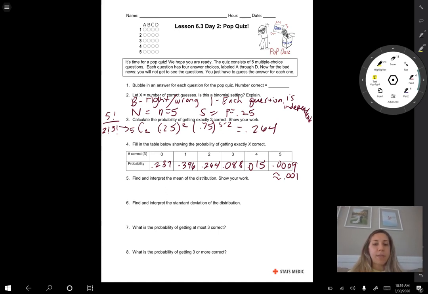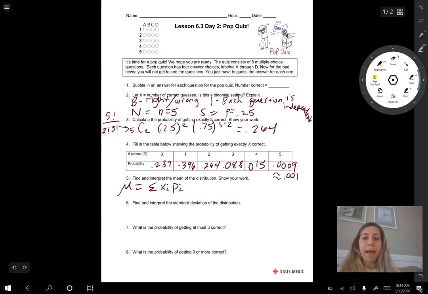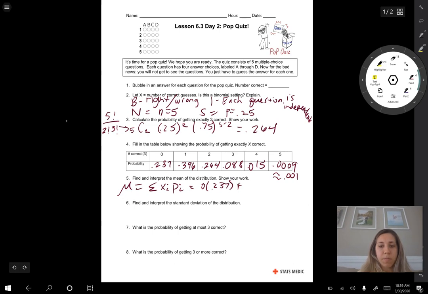Okay, so for number 5, it says find and interpret the mean of the distribution. The mean of any discrete distribution is going to be the sum of all your, in this case, xi's times pi's. So if you remember that from earlier on, that would be 0 times 0.237 plus 1 times 0.396.